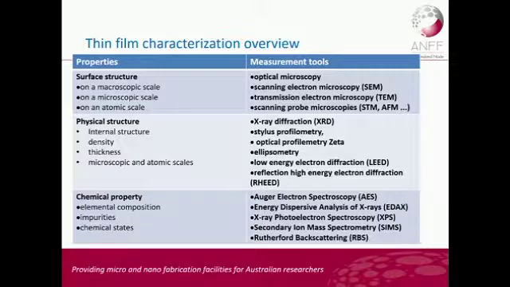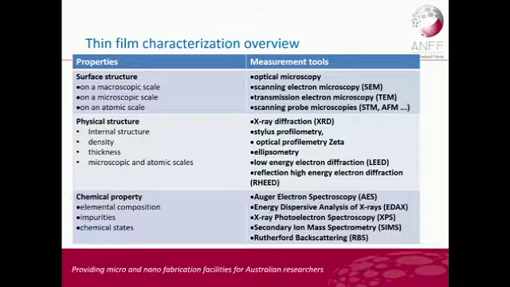So we are going to deposit. We have so many deposition techniques. Once we have so many films, how do we characterize them? There are a few different properties we need to look at. There's surface structure. We can use a microscope or SEM or AFM to look at the surface.